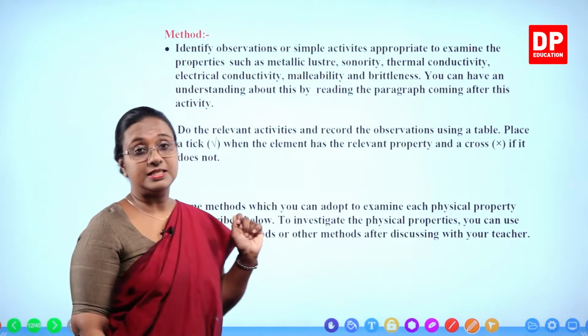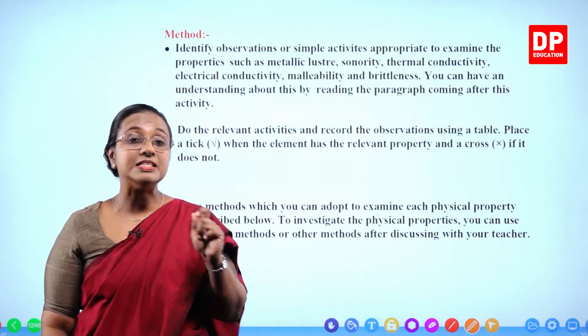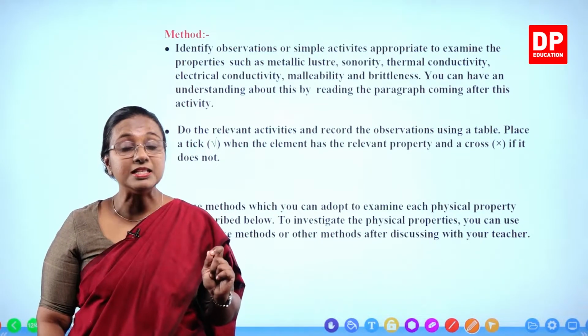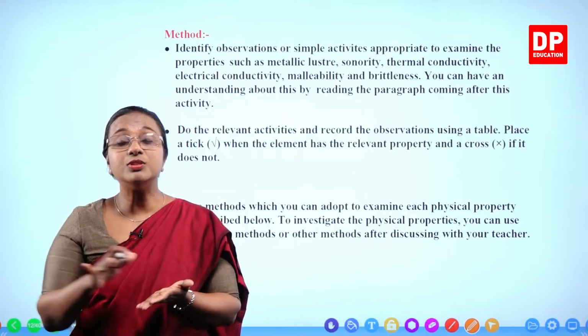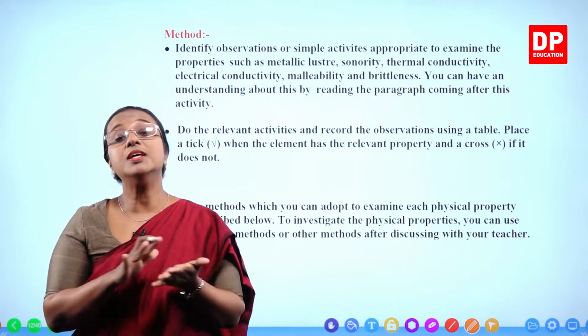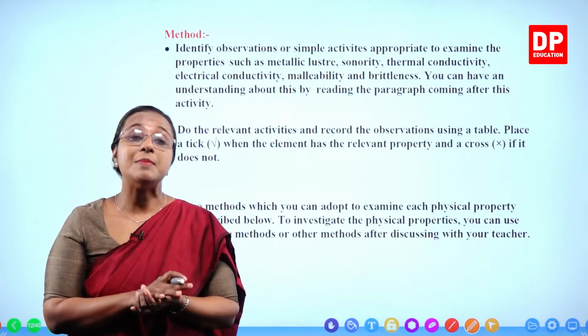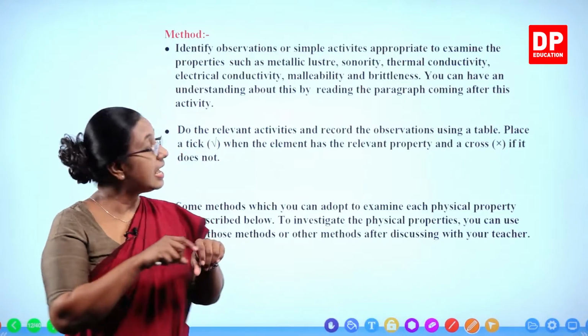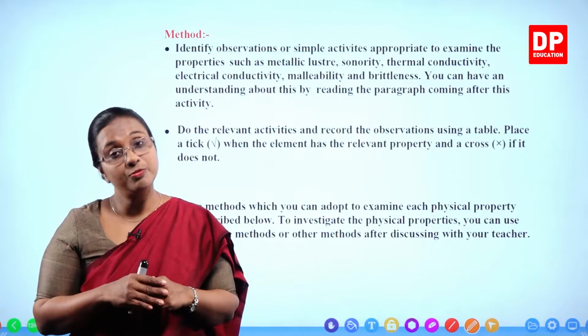Then malleability. What is malleability? You have heard about malleability and ductility. Malleability: when you apply a force, you can make them into thin sheets without the element breaking down. Similarly, there is ductility: you can draw them into wires without breaking.